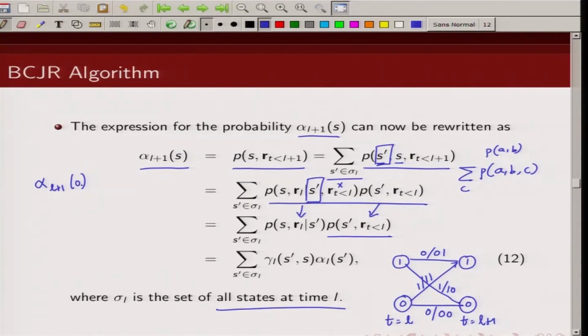Note here this is given by the product, summation over all input states.